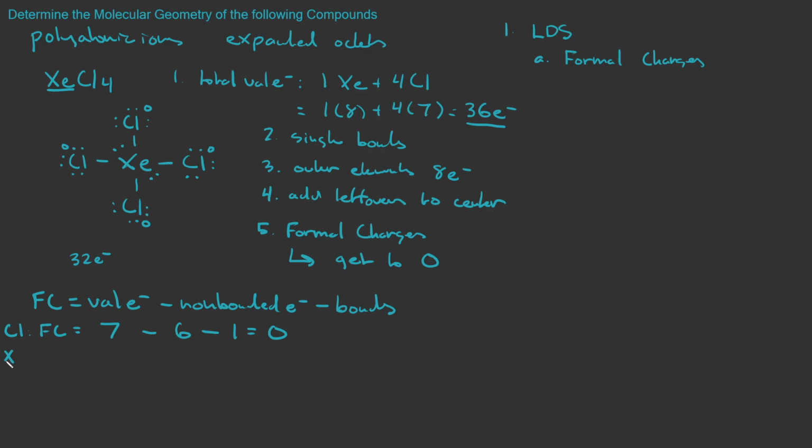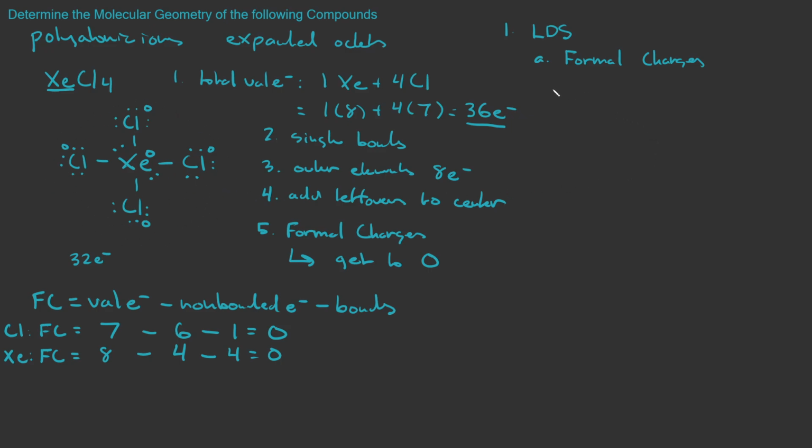Then we look at our central atom, Xe, and we find out its formal charge. So Xe has 8 valence electrons. Right now it has 1, 2, 3, 4 dots, so it has 4 non-bonded electrons, minus 1, 2, 3, 4 bonds, and so it also has a 0 overall charge. And so what do you know? Our base structure that we've drawn so far for XeCl4 has everything as 0 formal charge, and so we have already drawn the correct Lewis dot structure of XeCl4.